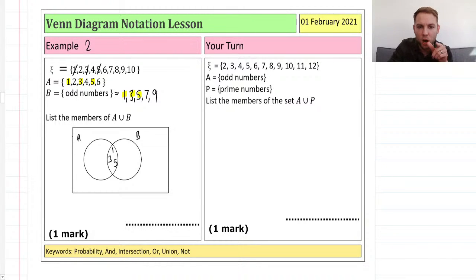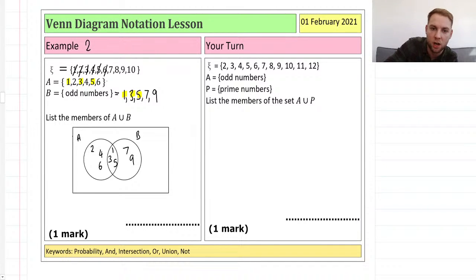Now A has still got some in there. So the ones that aren't in B, but are in A, are going to be 2, 4 and 6. So 2, 4 and 6 go in the left hand side of A. So let's cross them out now. What needs to go in the right hand side of B are all of the odd numbers which are left over, which are going to be 7 and 9.